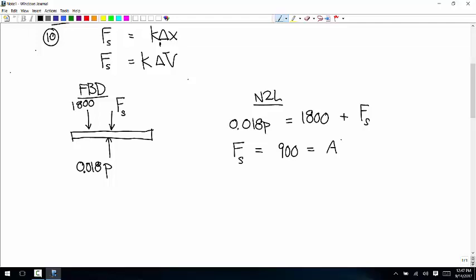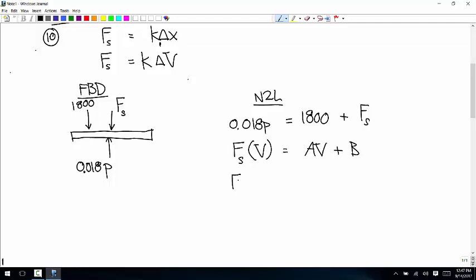Let me take a step before this. The force of the spring as a function of volume is this. It's a linear function.